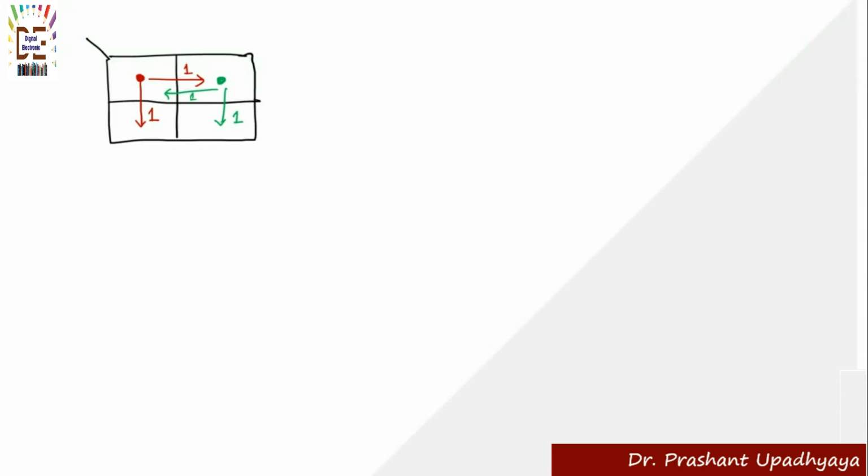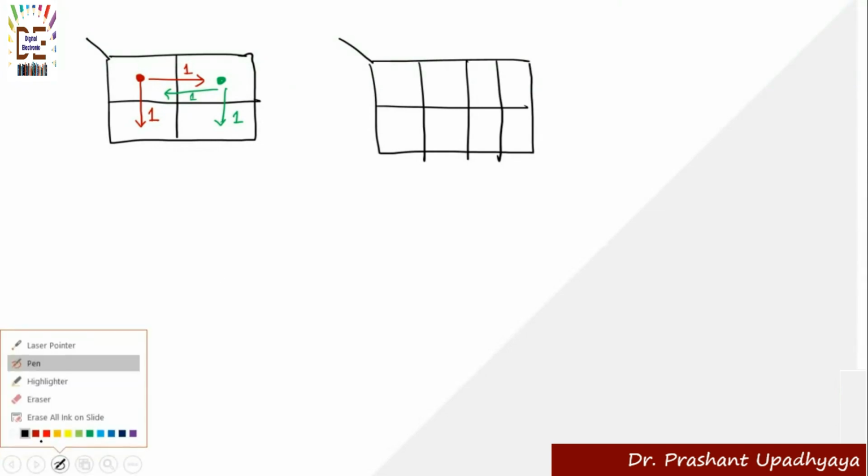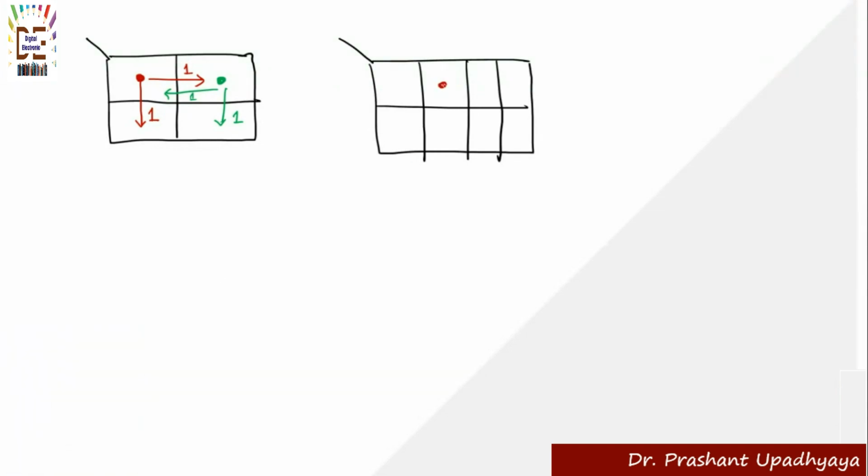This is for, let's say, a 2 variable K-map. If you draw it similarly for the other, it will be something like this. Let's say you are here: you can move here, you can move here, and you can move here.